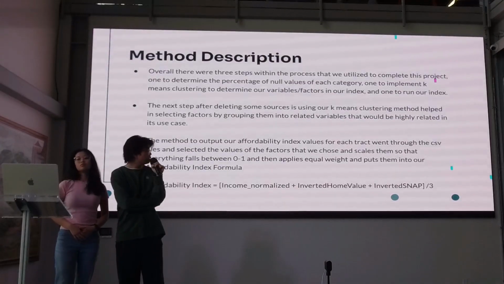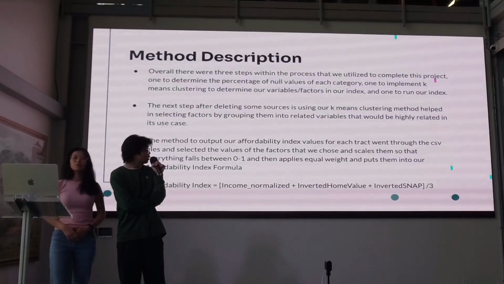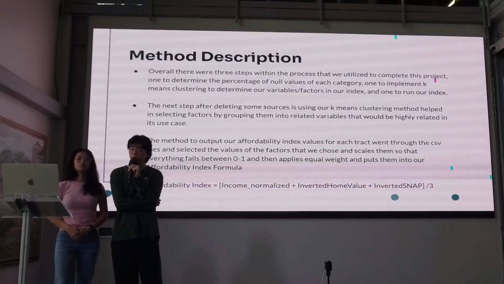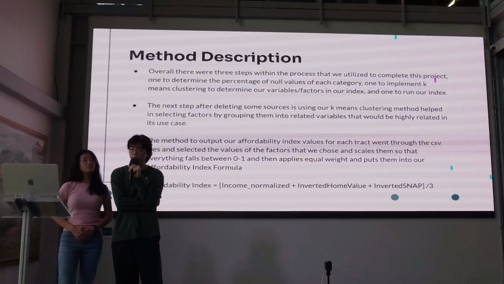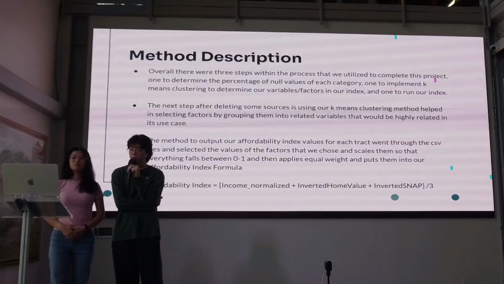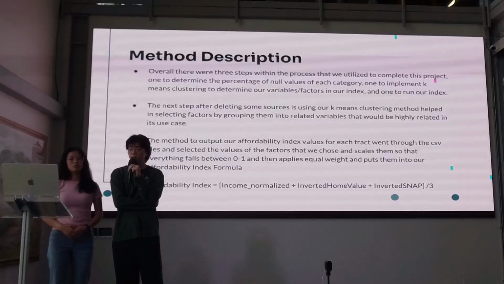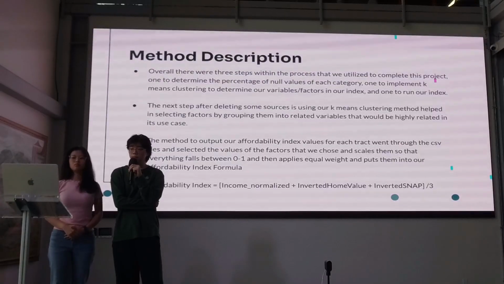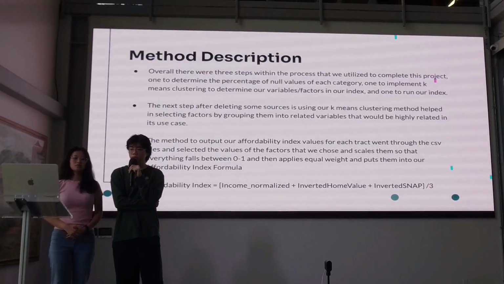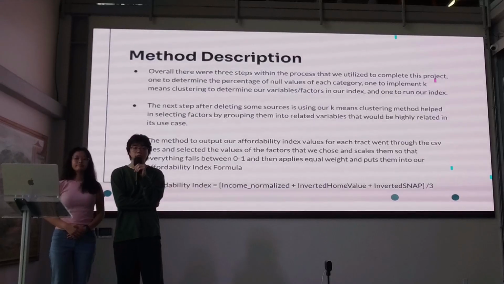All right, so for this project, we used 3 steps to try to encapsulate the values that we would derive from the data. The first step would be combing through and limiting the sources by seeing which sources have too many null values to compute with.